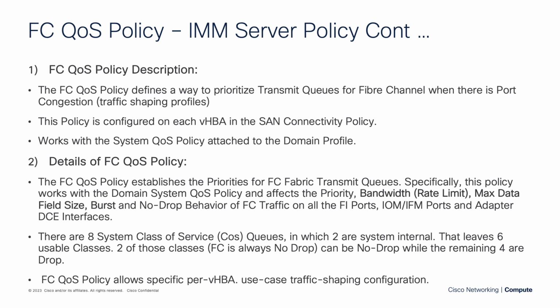So it becomes very easy to configure this policy, because between the defaults on the Fiber Channel server policy side and what's defaulted on the system QoS side with the domain policy, pretty much the settings are the way they should be. Certainly, if you're going to change anything in this policy, consult your SAN administrator.